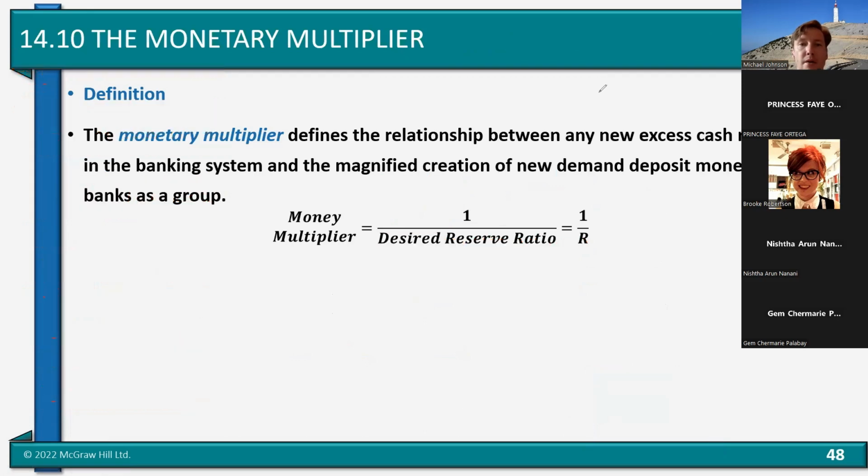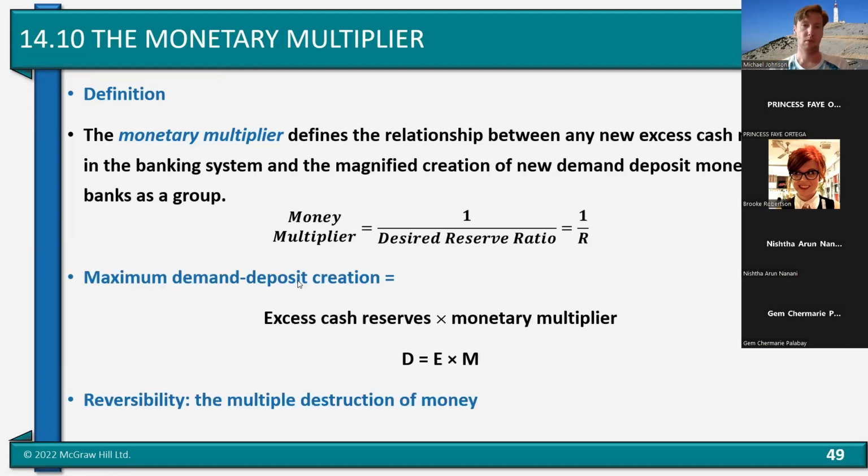The money multiplier defines the relationship between any new cash reserves in the banking system and the magnified creation of new demand deposit money by banks as a group. To get the money multiplier, you do one divided by the desired reserve ratio. Then maximum demand deposit creation is excess cash reserves times the money multiplier, and you figure out how much growth in the money supply will happen.